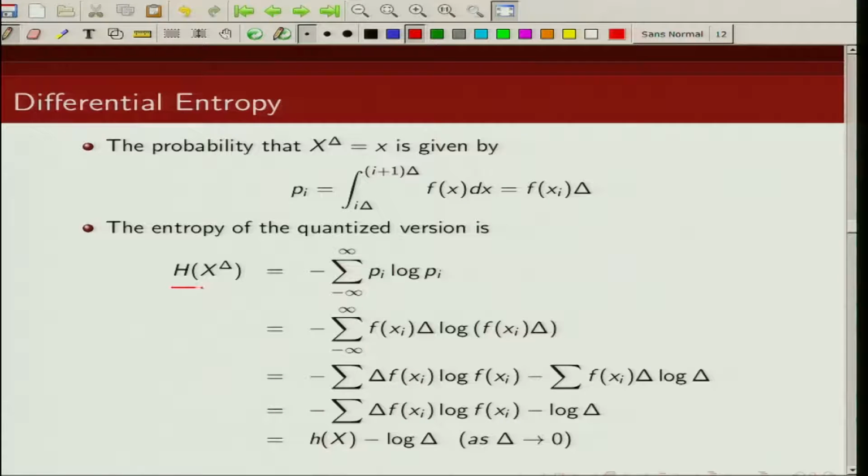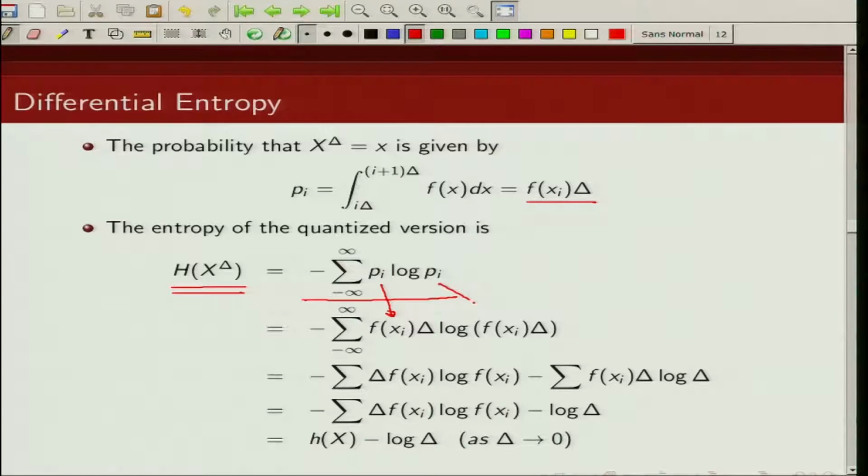So let us compute the entropy of this quantized random variable x delta. This is given by this expression, which follows from the definition of entropy. Now Pi is given by f of xi times delta, so we plug in the value of Pi here.